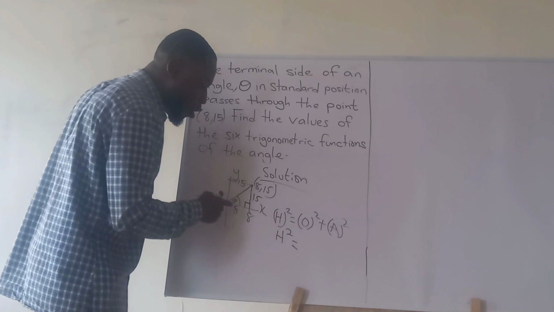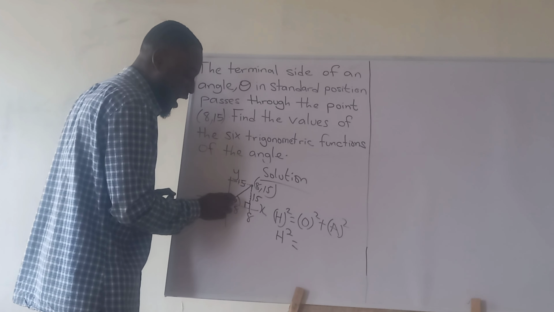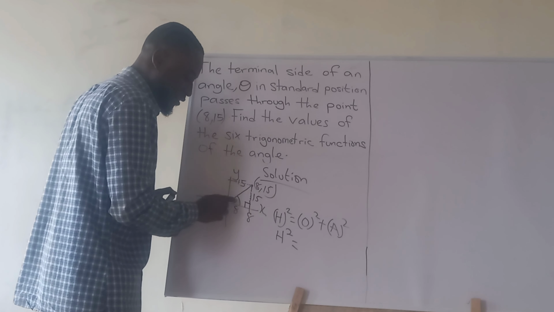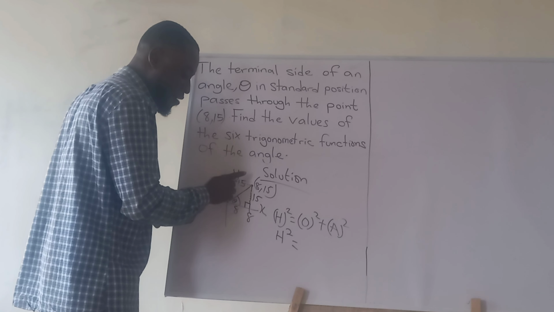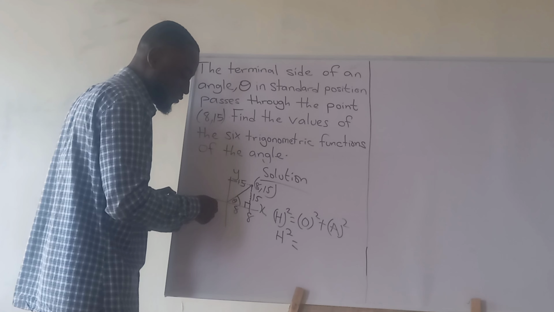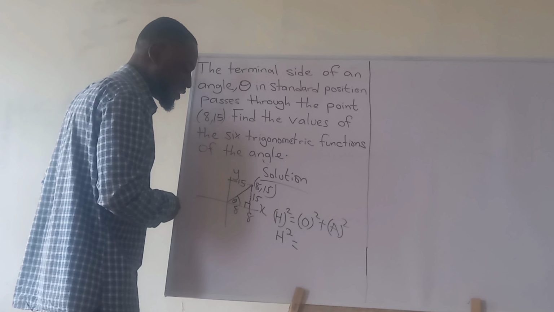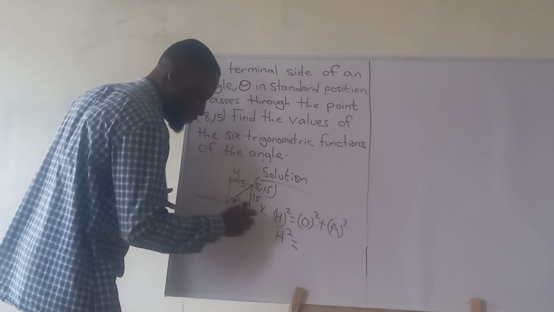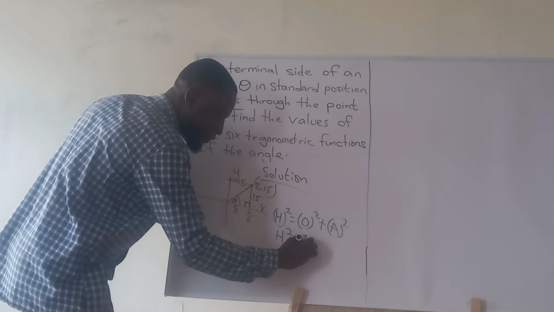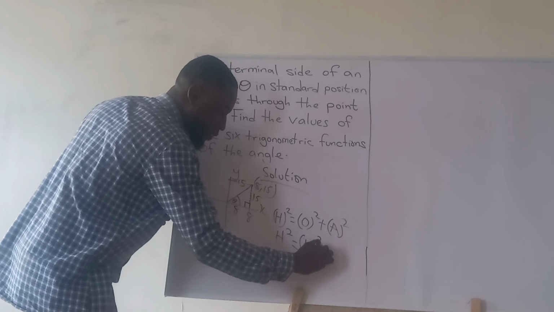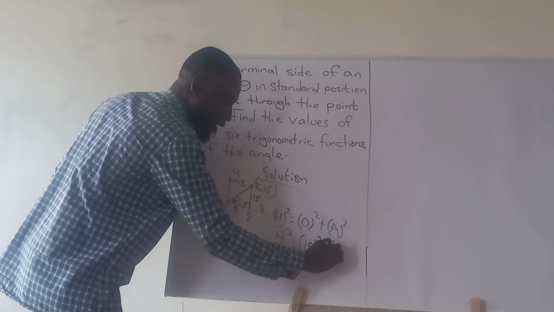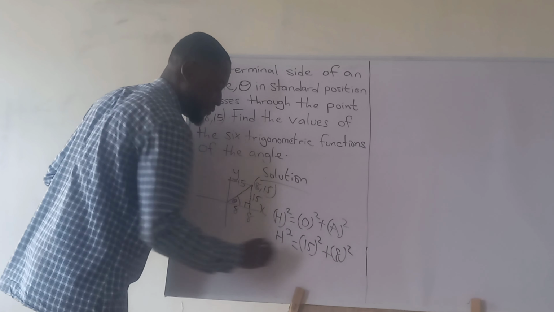The opposite is the side facing the angle, where the angle is facing. So 15 squared plus adjacent, which is 8 squared.